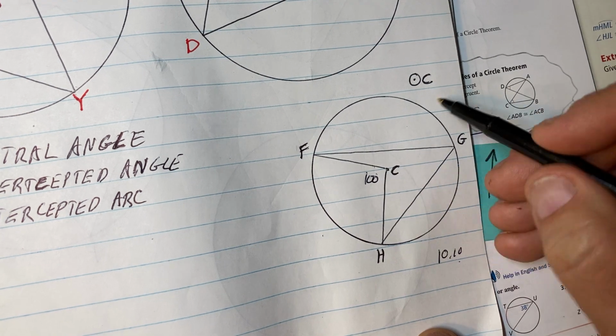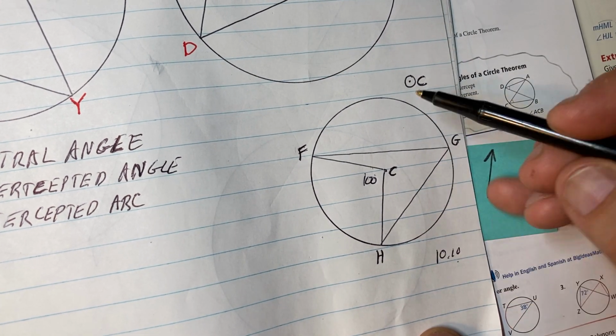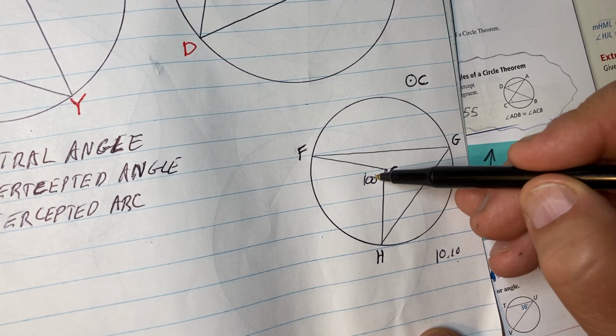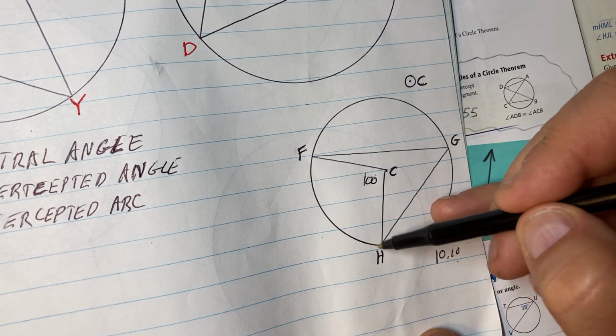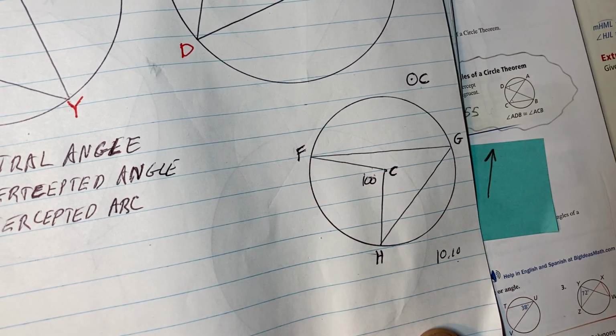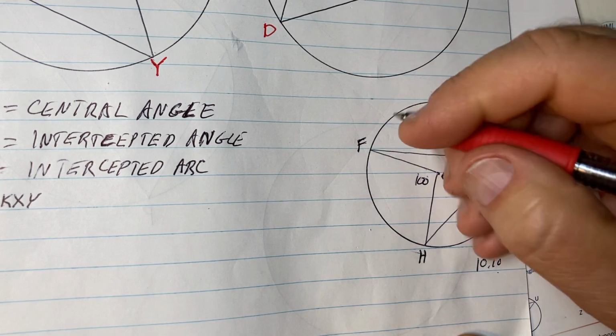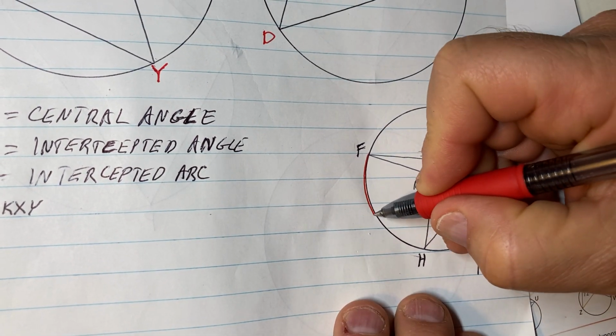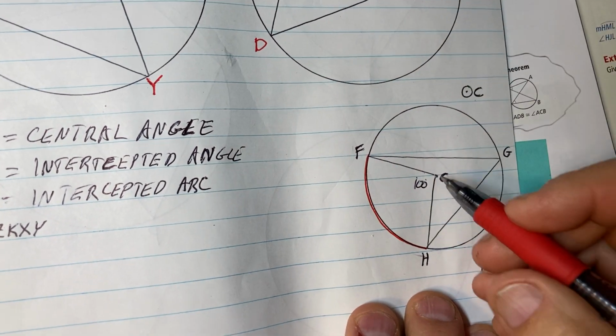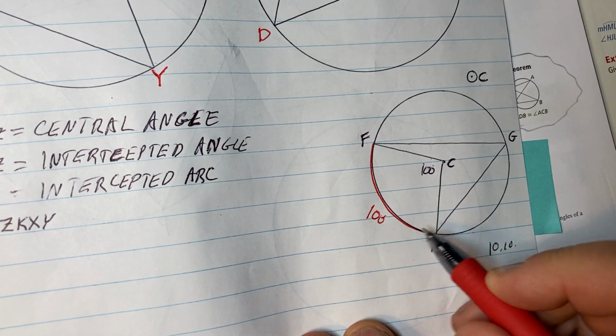That's a central angle because circle C, this is your center. If this is 100 degrees, the intercepted arc is arc FH. This would also be 100 degrees.